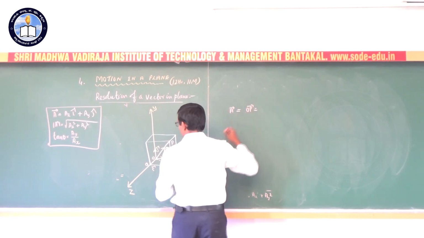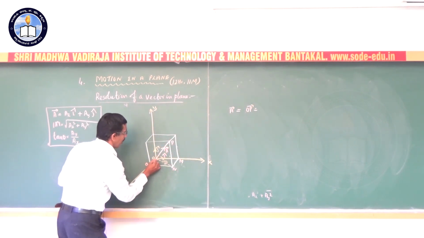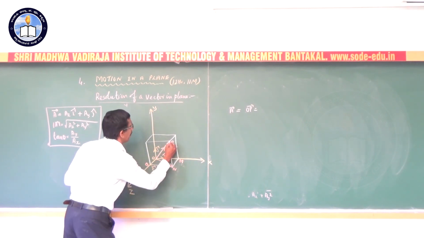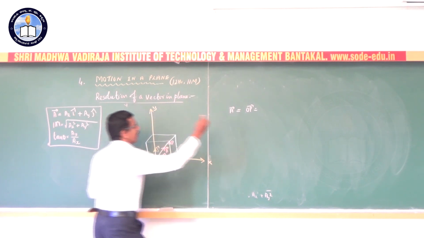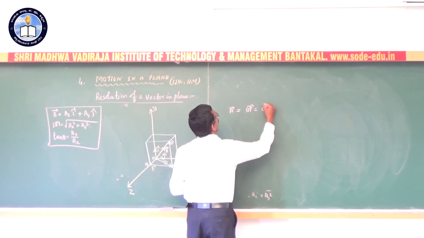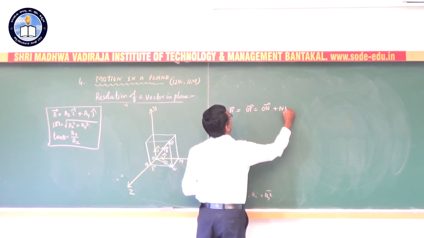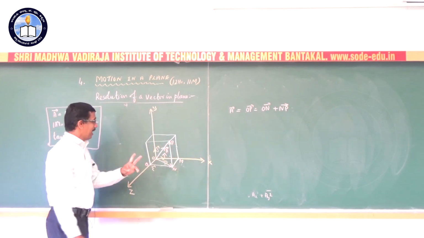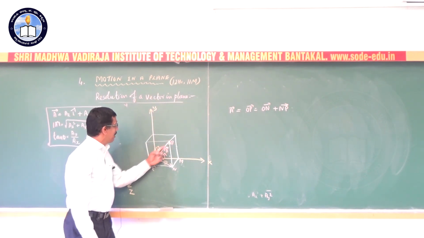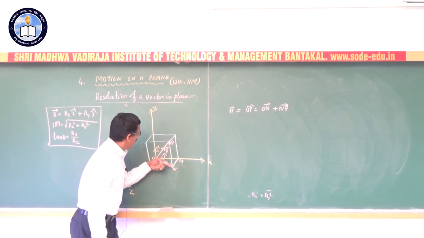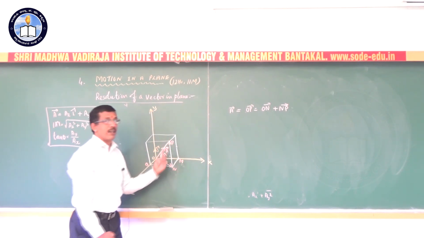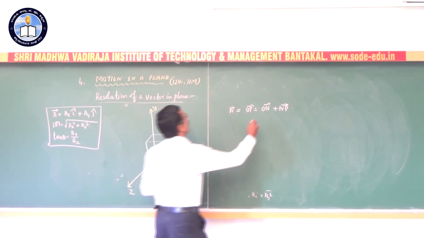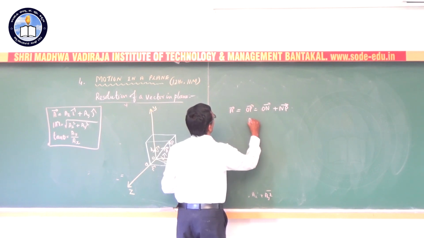Just you see, vector OP is nothing but vector ON plus vector NP. Once again I repeat, vector OP can be written as vector ON plus vector NP. See here, OP is nothing but vector A.